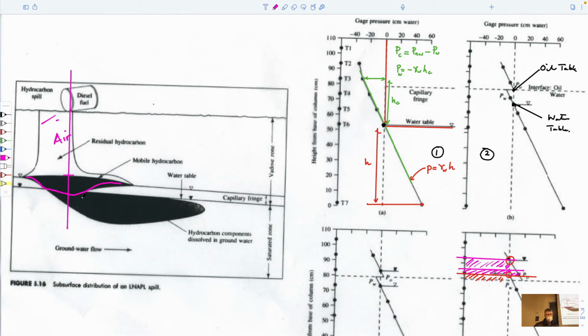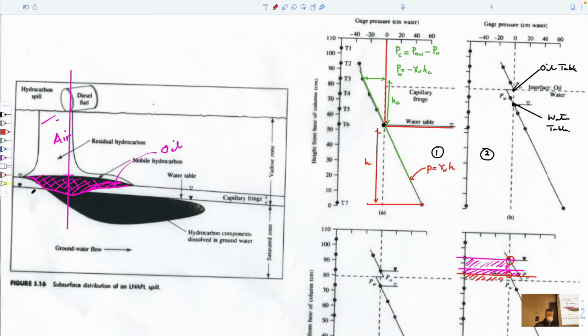So it slightly depresses the water table here. And so the oil zone would exist in this cross-hatched region here, including this. So this would be oil. And then this would be water below it.